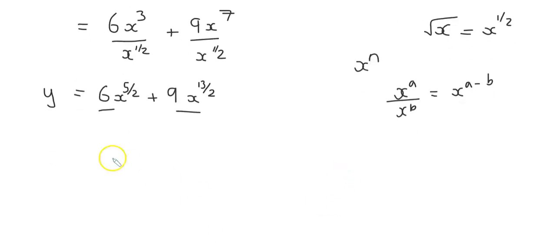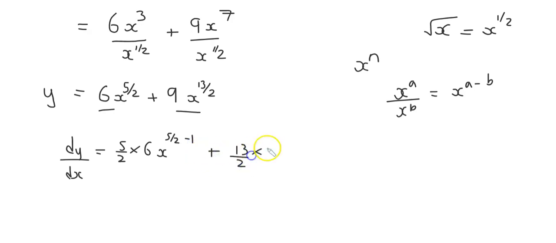So let's do that. So the derivative then, now in the normal way, is going to be 5 over 2 times 6x to the 5 over 2 minus 1 plus 13 over 2 times 9x to the 13 over 2 minus 1. So let's neaten this up a bit.